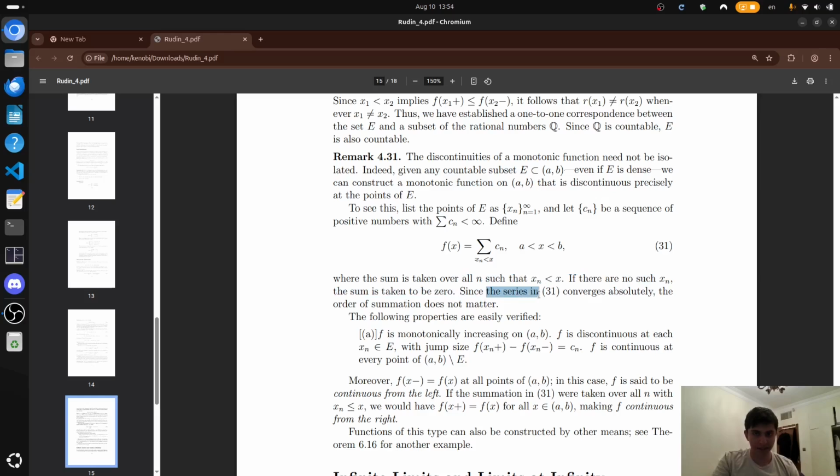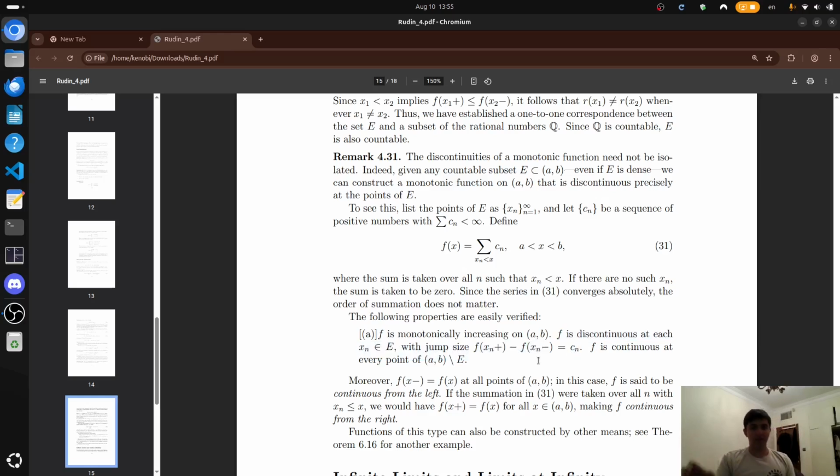Since the series in (31) converges absolutely, the order of summation does not matter because they're all positive numbers and their sum is less than infinity. The following properties are easily verified. f is monotonically increasing on (a, b). That's obvious because you're adding positive terms each time. f is discontinuous at each x_n in E with jump size f(x_n from right) minus f(x_n from left) equal to c_n.